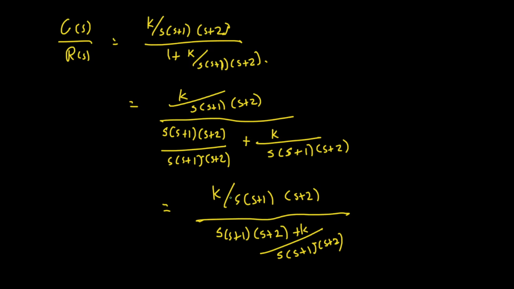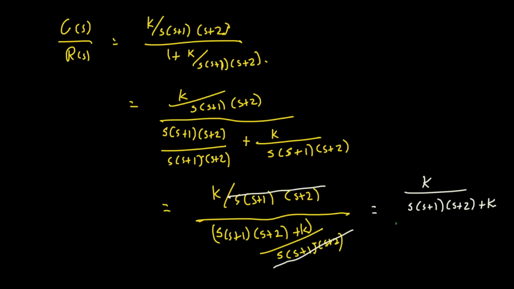If you notice, the denominator of the top part and the denominator of the bottom part are the same, so we can cancel them right away. The simplified term becomes k over s times (s + 1) times (s + 2) plus k. And this is the simplified answer.